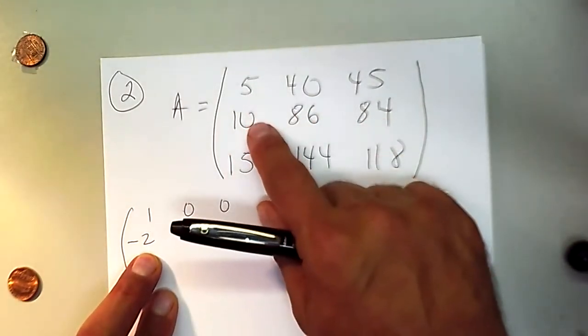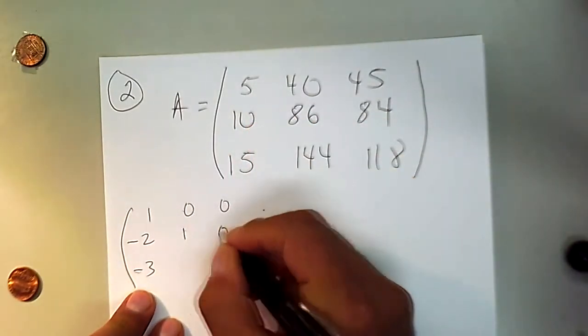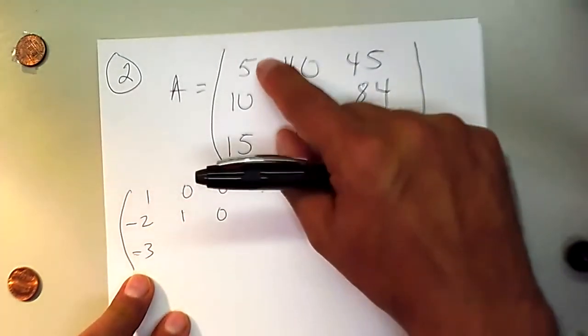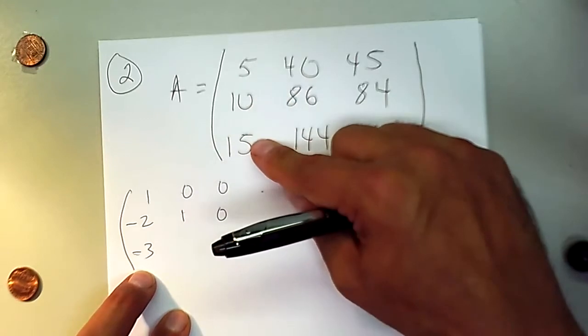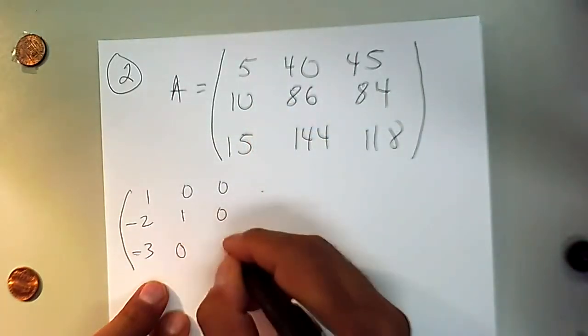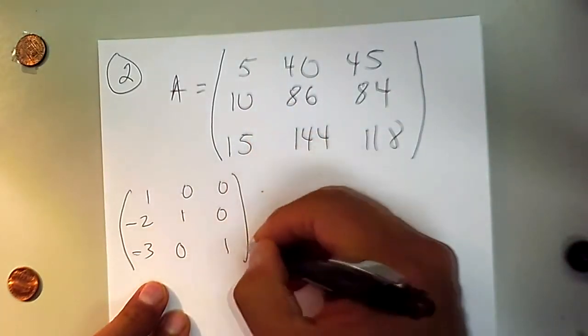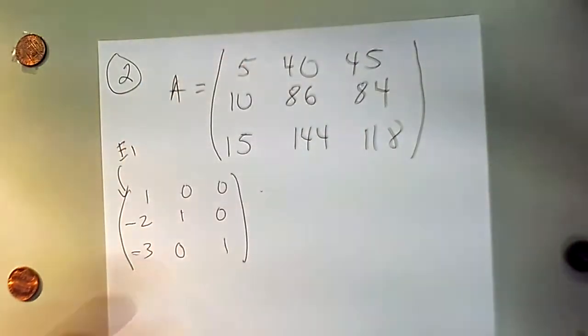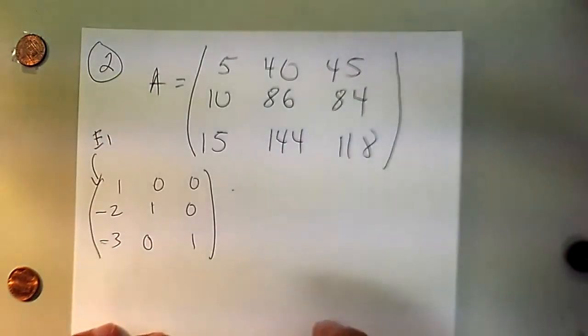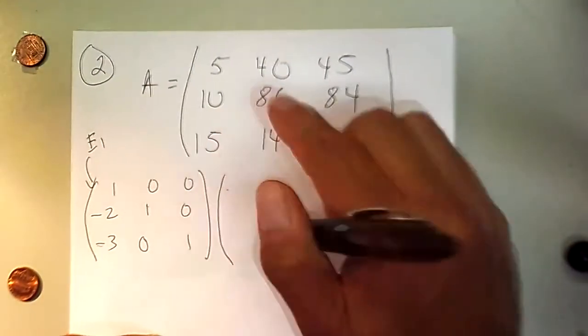That kills this 10. But that's it, don't do anything else. And then negative 3 times the first row, add it to the last row. The last row is going to get rid of this guy. So we're going to multiply this, which we're going to label as elimination matrix number 1. And that's going to annihilate 10 and 15 at once.